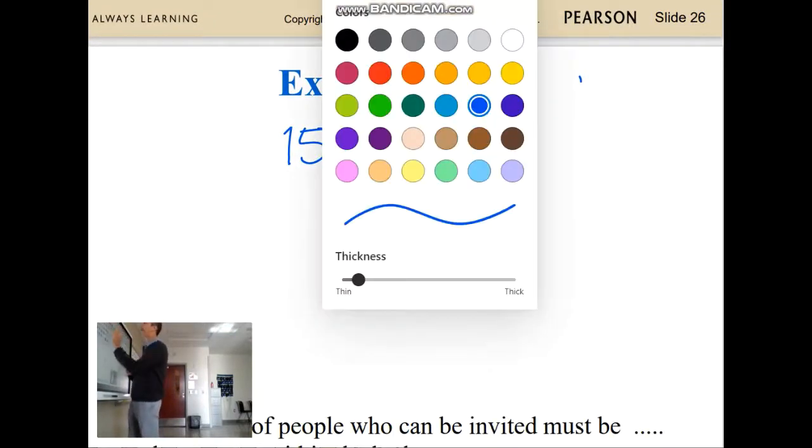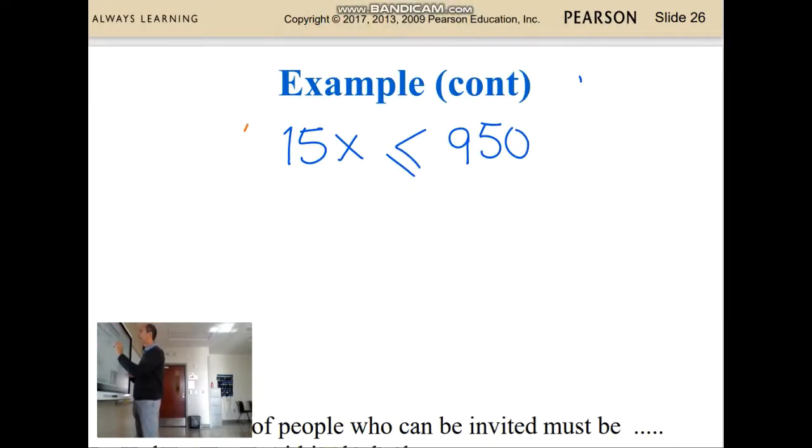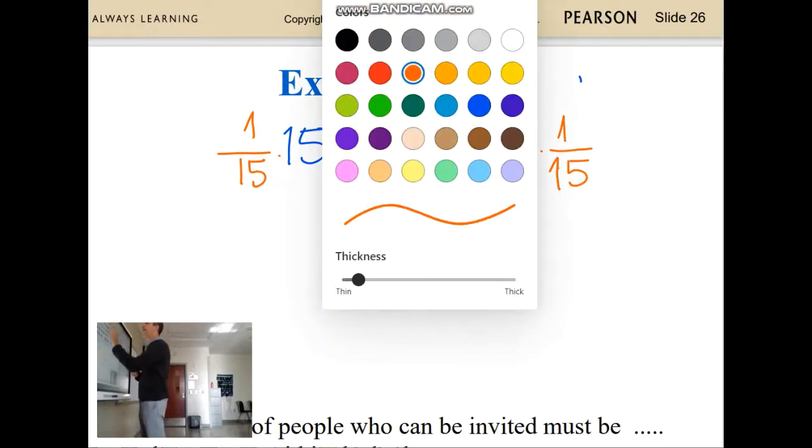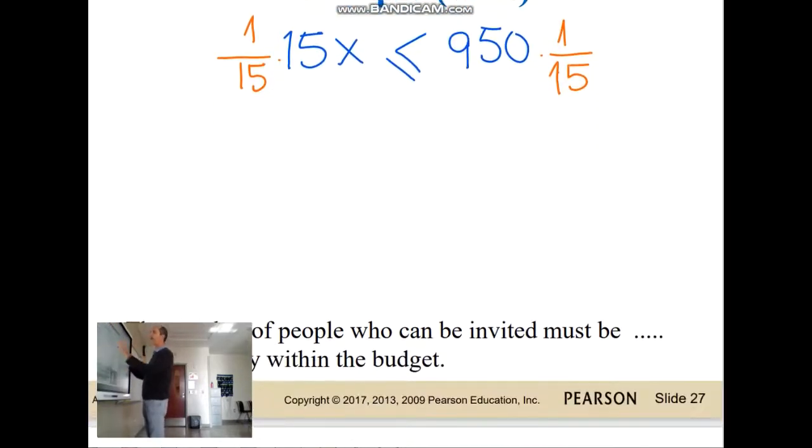Now multiply both sides by 1 over 15. And then you have x less than or equal to 950 divided by 15, which is 63.3.